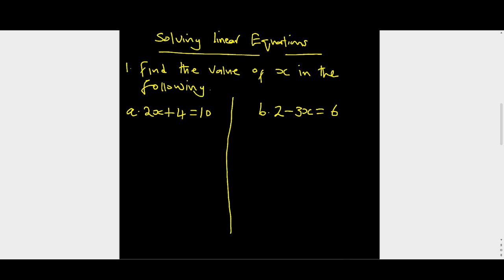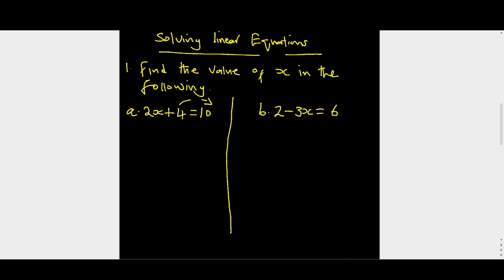So for a, when you're dealing with linear equations, you're always advised to collect the like terms together. So let the unknown terms be on one side and all the numbers on the other side. So I'm going to let this 4 cross to the other side so that I remain with 2x on the left hand side.